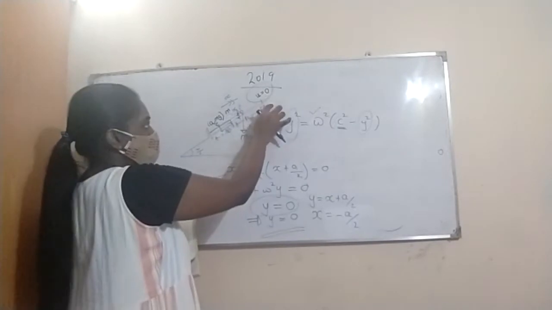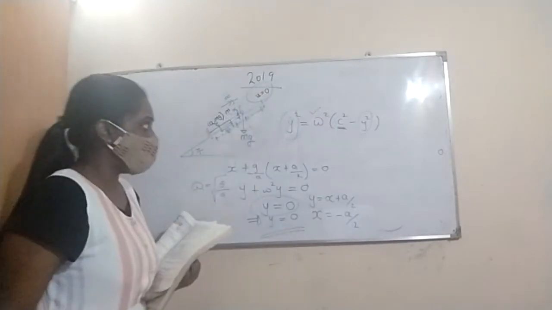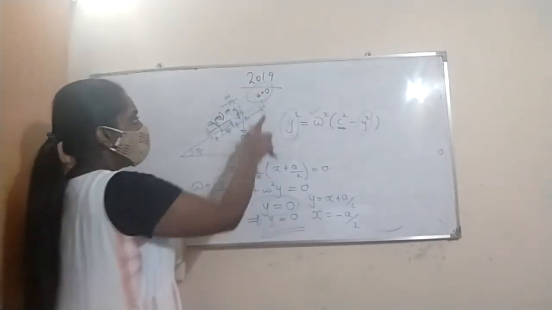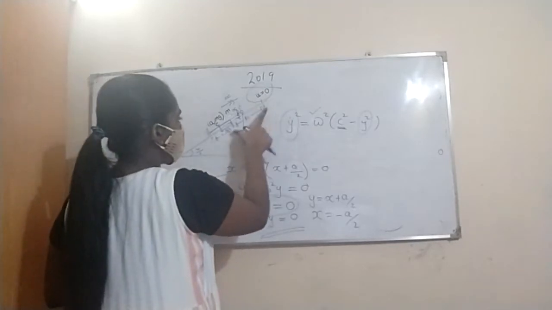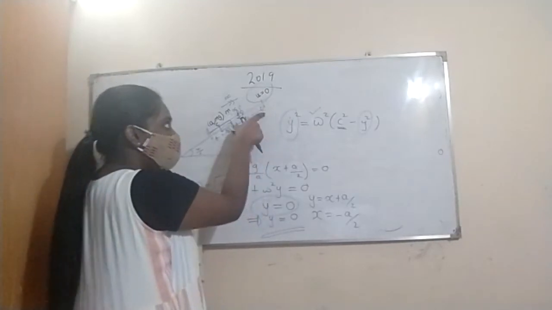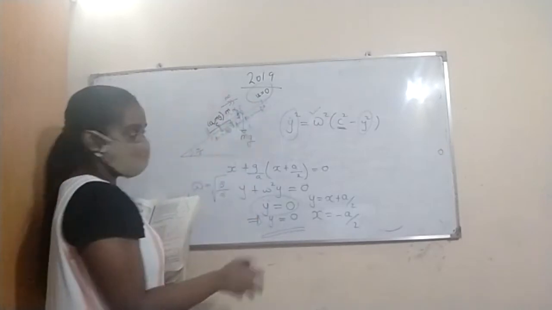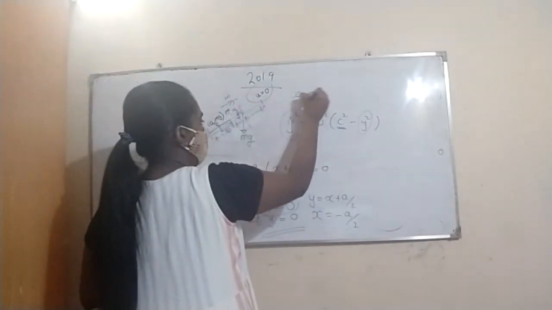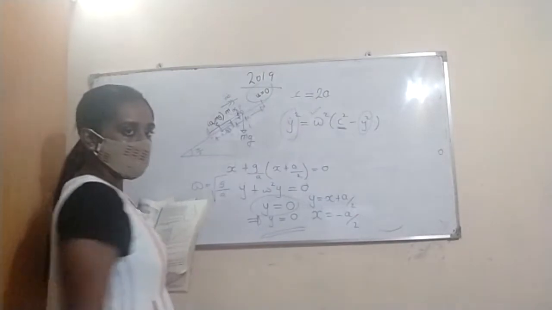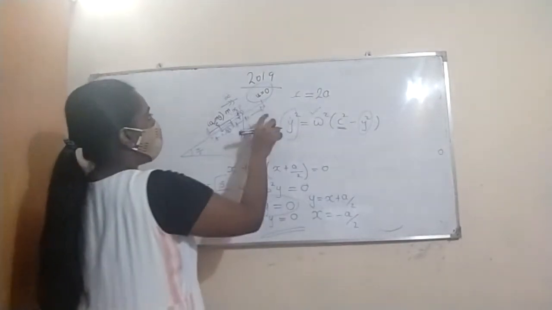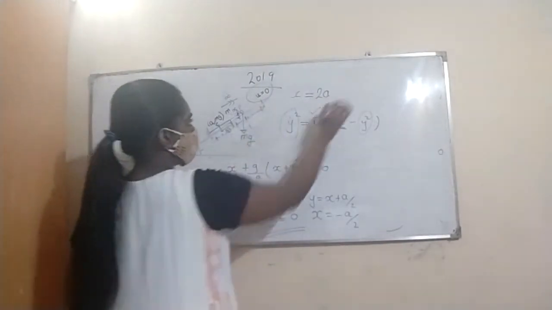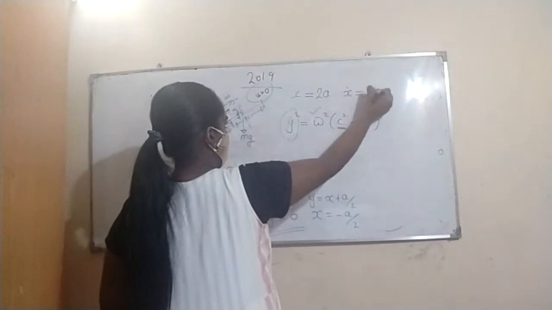So at the point B, its velocity is 0. Where the velocity is 0, x is equivalent to 2a. Where x is equivalent to 2a, its velocity is 0. That means x dot is equivalent to 0.